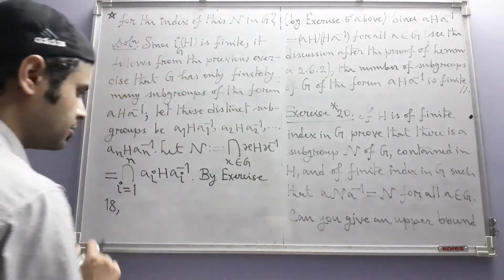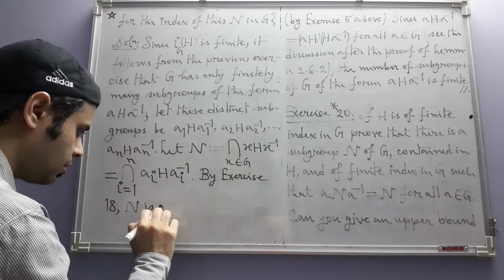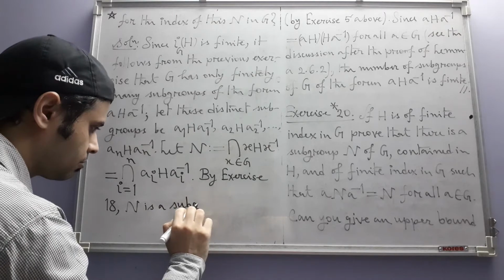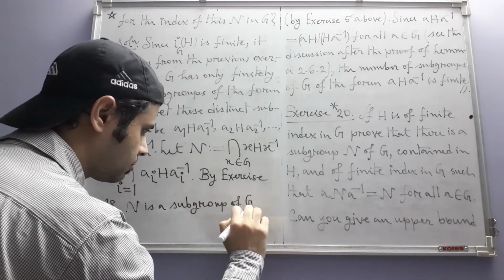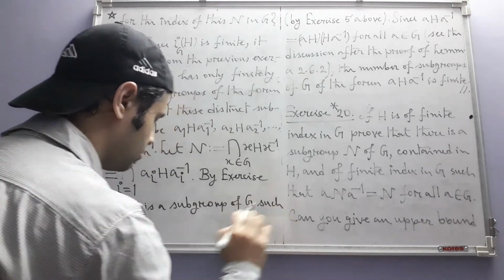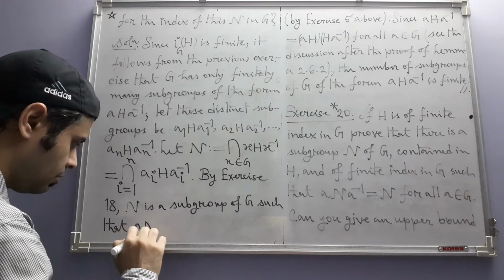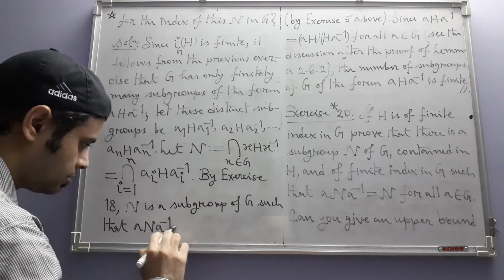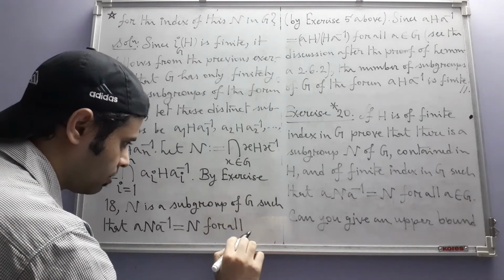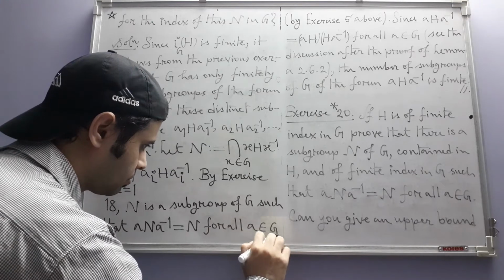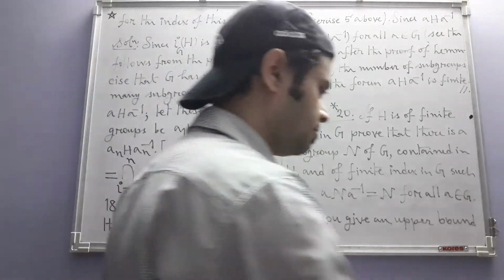First of all, by exercise 18, N is a subgroup of G such that ANA inverse is equal to N for all A belonging to G. Okay, this much we can say directly from 18.